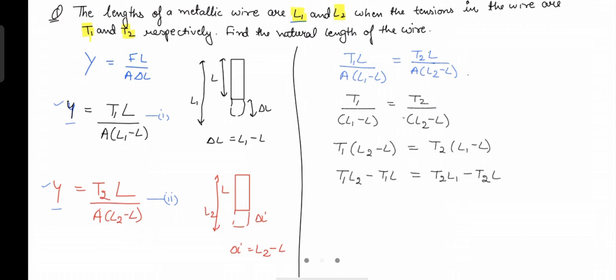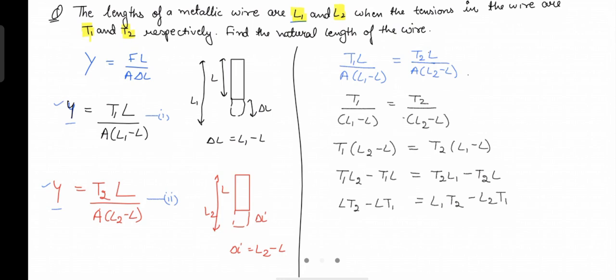Now you can also do one thing, that you can take the capital L values on one side and rest of the values on the other side. If you will do so, you have T1 L2 on one side, and you can take this T2 L1 on this side, so it will be equals to L T2 minus L T1, which will be equals to L1 T2 minus L2 T1.